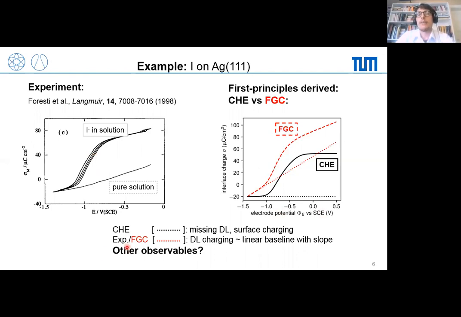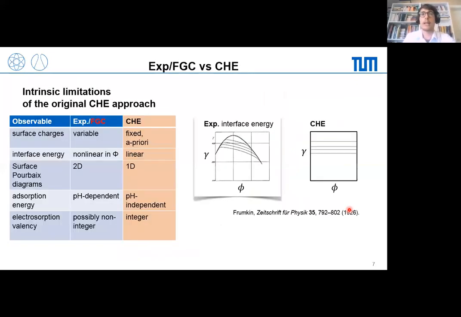This is maybe a drastic example, and you might say, okay, this is trivial, you just add this baseline slope to your simulation because you know you don't have it. But the question is rather, are there other observables that are not described intrinsically in this original computational hydrogen electrode approach? It turns out there are. I've just listed a few of them, and I will later talk about some of them in detail.